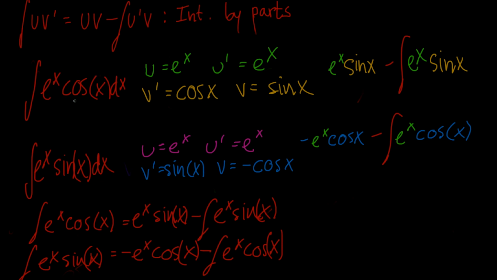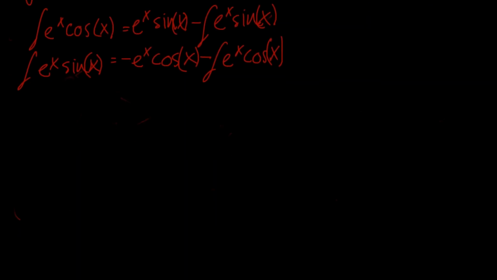This e to the x cosine x is just equal to this right here, which we have written as the first equation, and this e to the x sine x is just equal to this right here, which we have written as the second equation. And as always in a series of equations, I'm going to just solve them down here and then we can move back up afterwards.